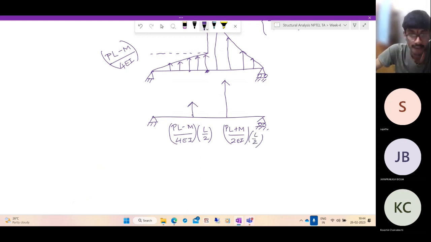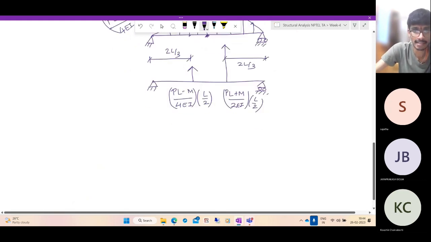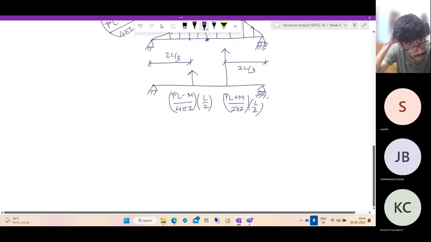What else? We need to find the distance at which these are acting. So this distance is 2L by 3. This distance is 2L by 3. Now finding the reactions is very simple. So what are the reactions?